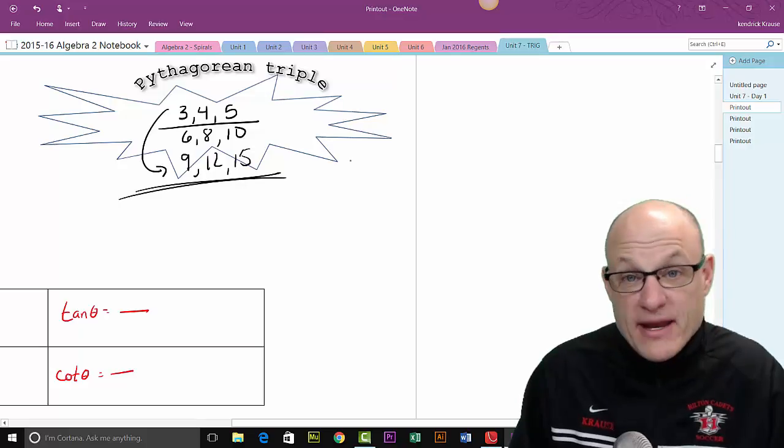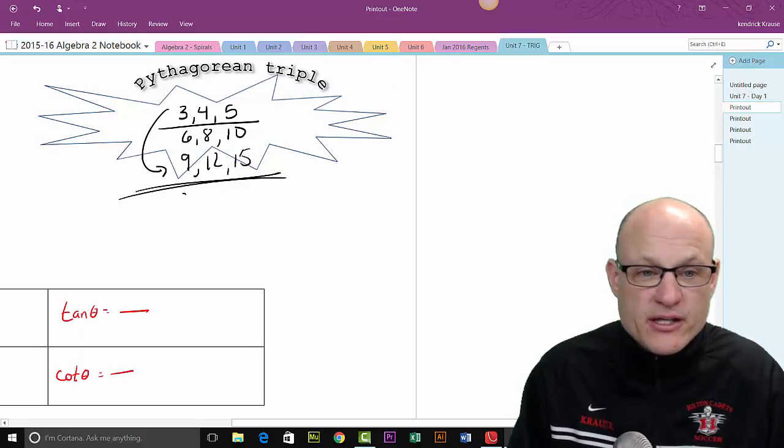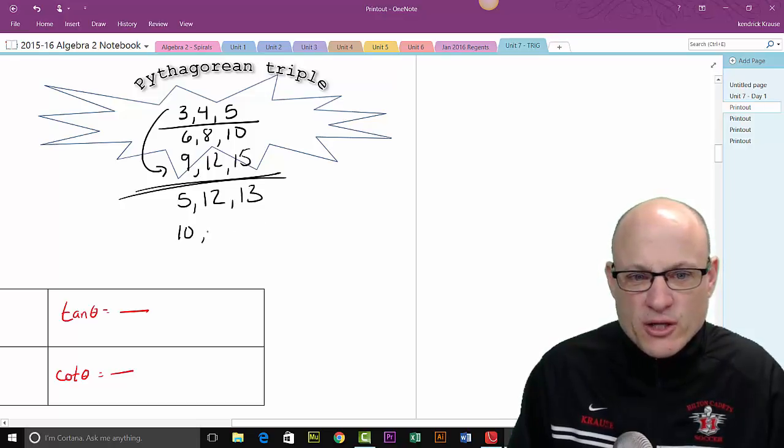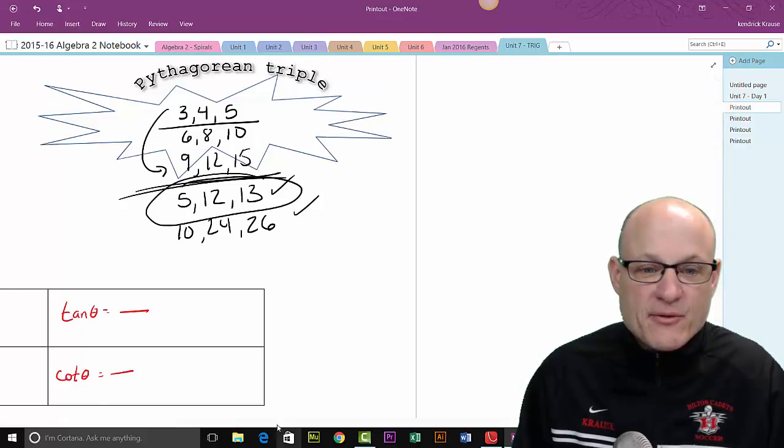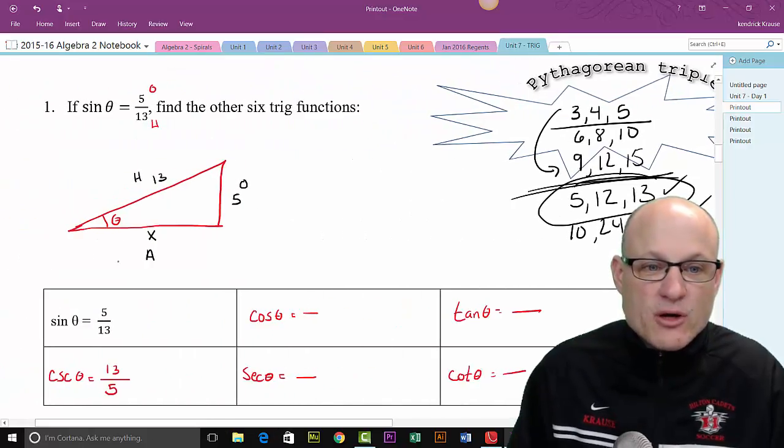That's one of the famous Pythagorean triples. The other one is the 5, 12, 13 Pythagorean triple. And of course, this one you can double too. This is a Pythagorean triple. That's a Pythagorean triple. But this is the one we need right here. We've got a 5, and we've got 13 as the hypotenuse. So our missing side must be 12.